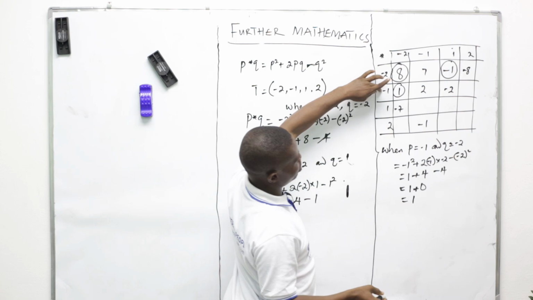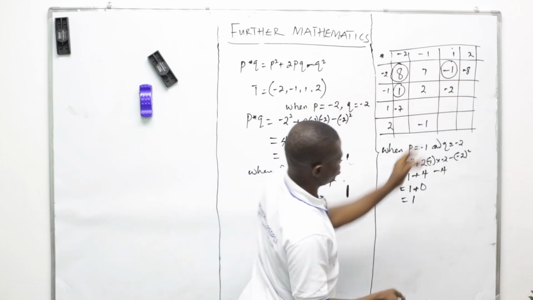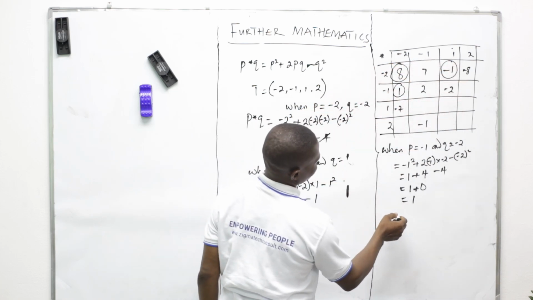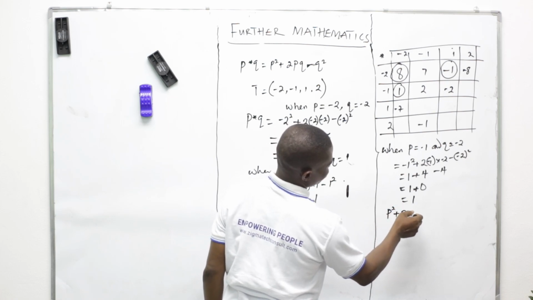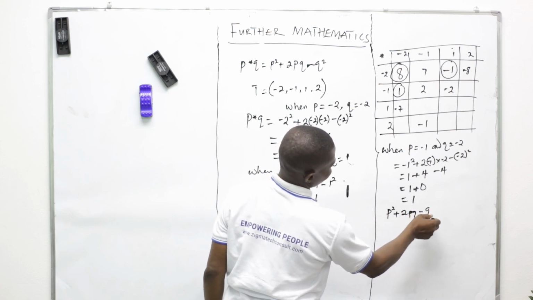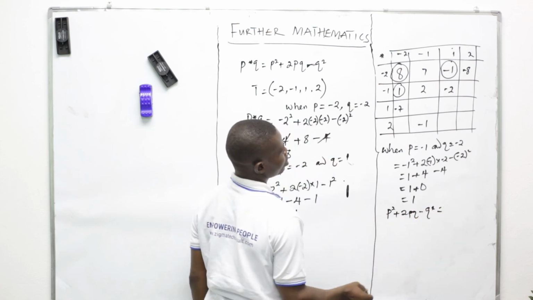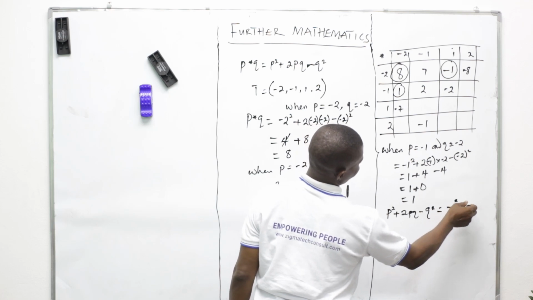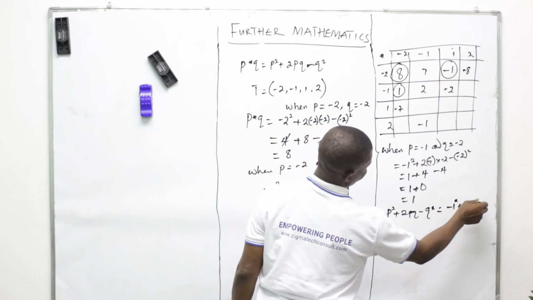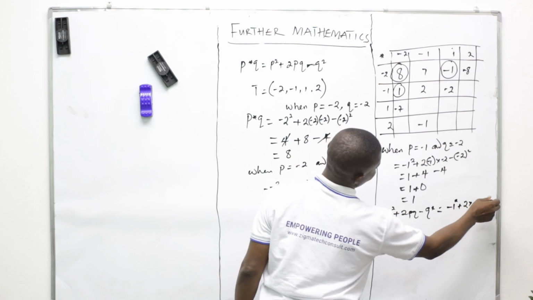So we have to solve here. When P is minus 1 and Q is 2, then P squared plus 2PQ minus Q squared equals minus 1 squared plus 2 times minus 1 times 2 minus 4.